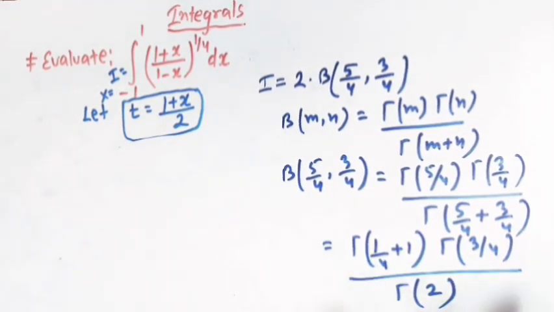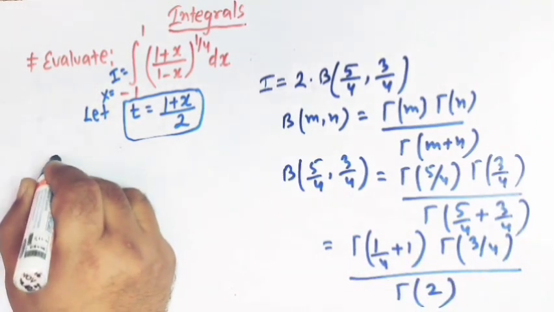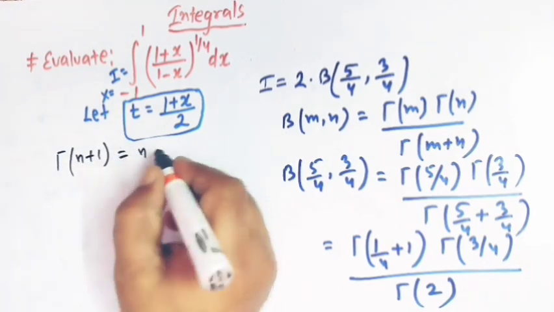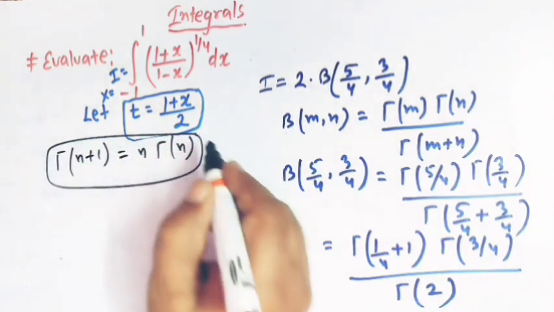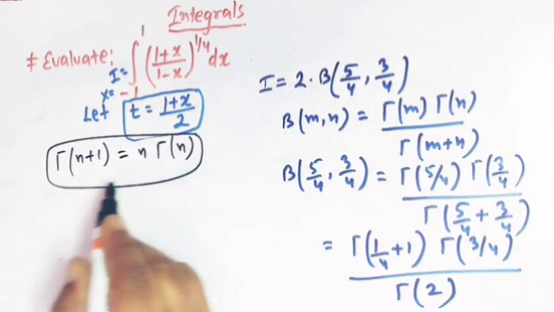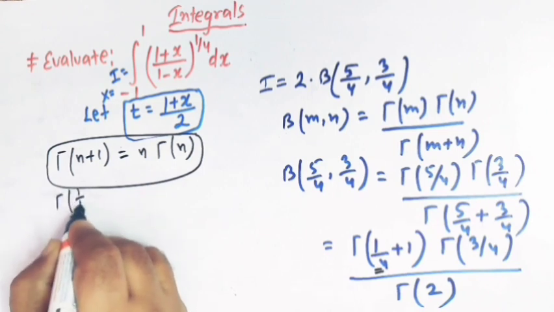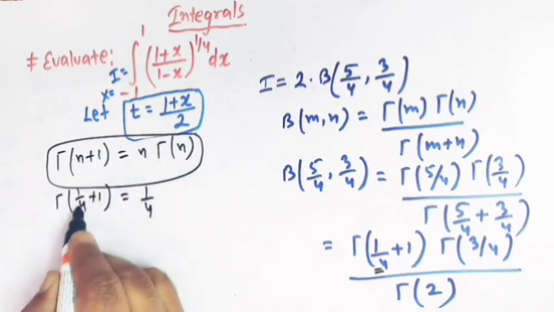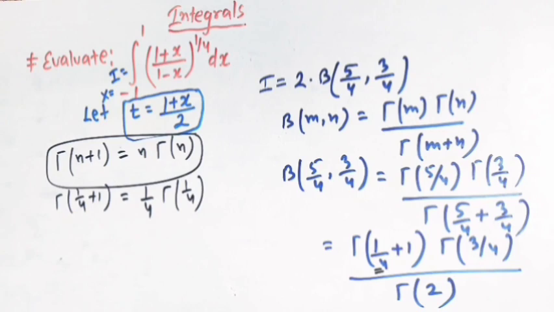Here we'll make use of some other important relations. Gamma of n plus 1 is equal to n times gamma of n, where n is greater than 0. Here we have gamma of 1 by 4 plus 1, so gamma of 1 by 4 plus 1 is equal to 1 by 4 times gamma of 1 over 4, because n is 1 over 4.